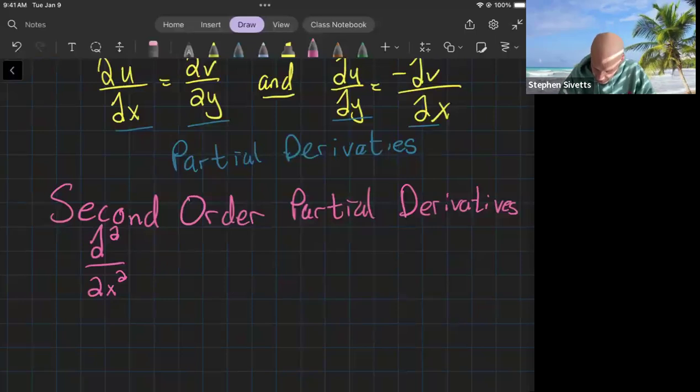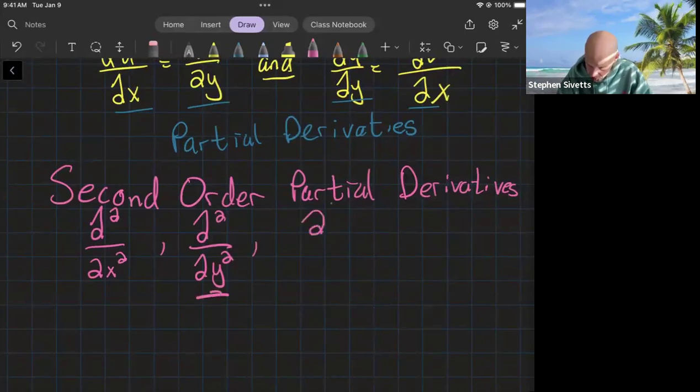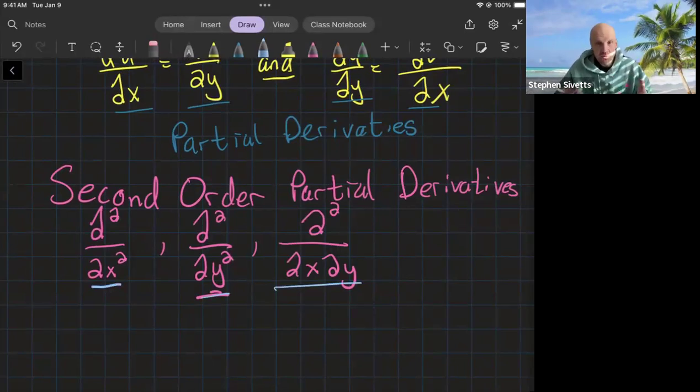And we can take this here, which is the second partial derivative with respect to y. We can also have what are called mixed partials. So they look like this. Okay. So regardless, these would indicate the second derivative of a multi-valued function of x and y.